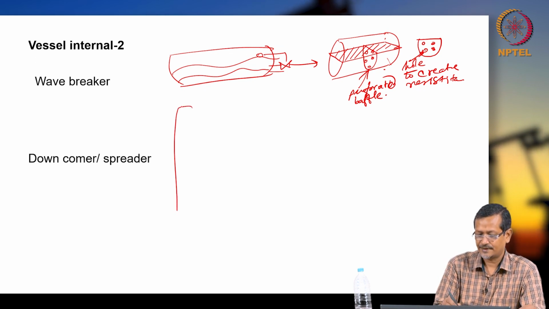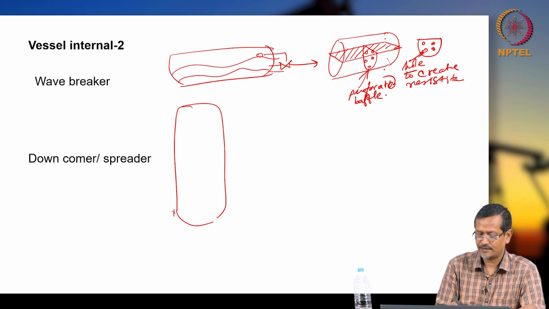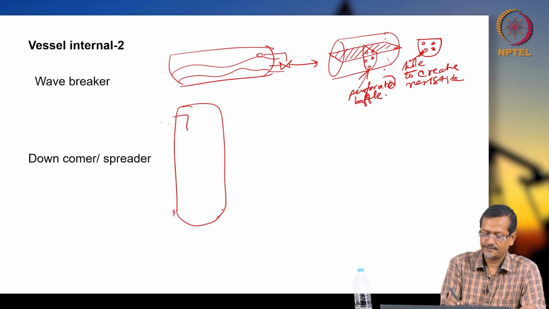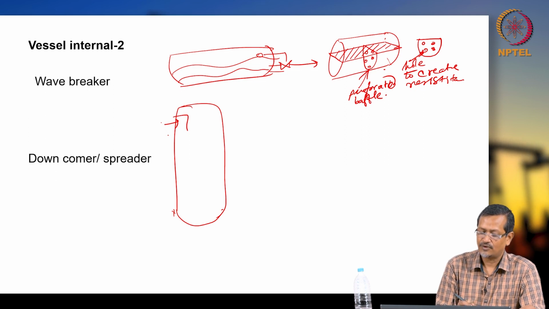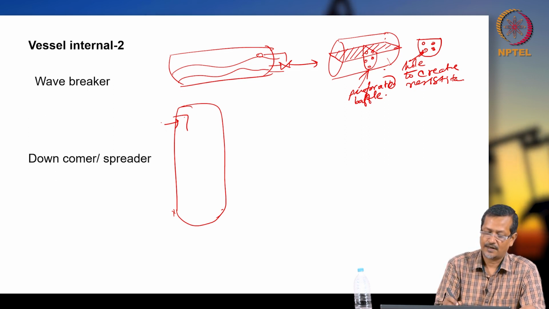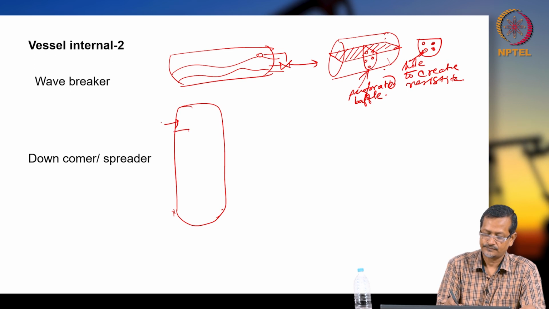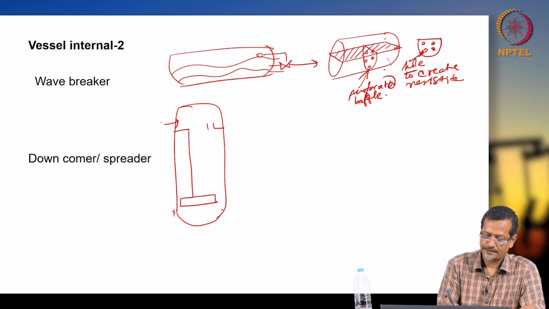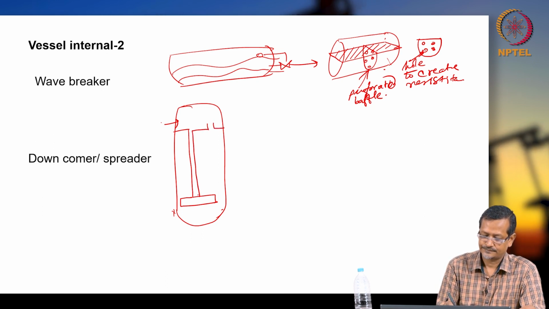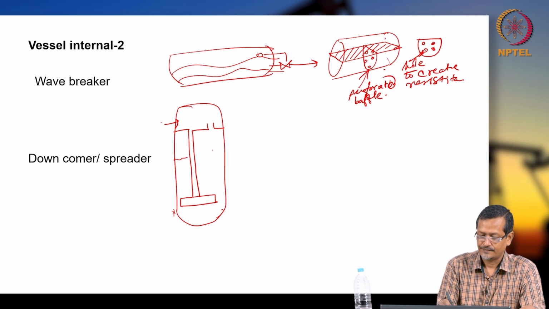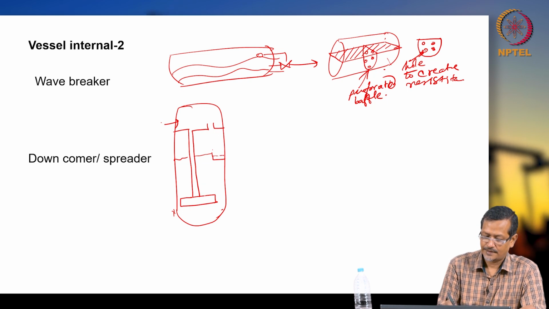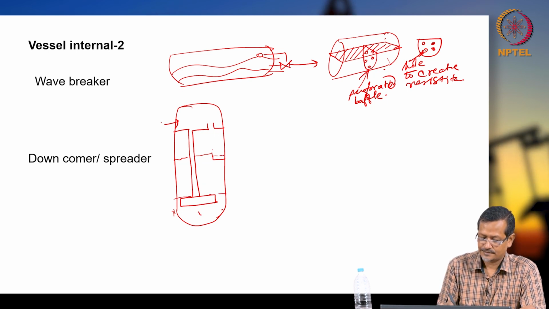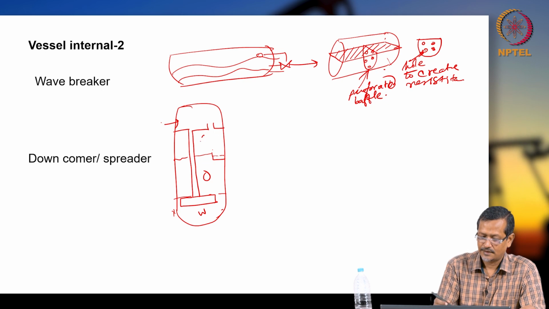In a vertical separator, in many cases you have an inlet diverter. In many cases you will not have an inlet diverter, you will have a downcomer. How does this downcomer work? It will look like this. It will be like this: water, oil, gas.